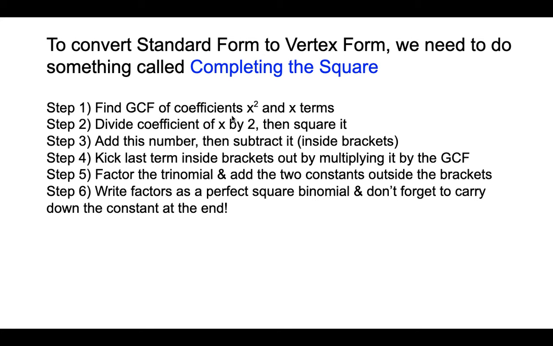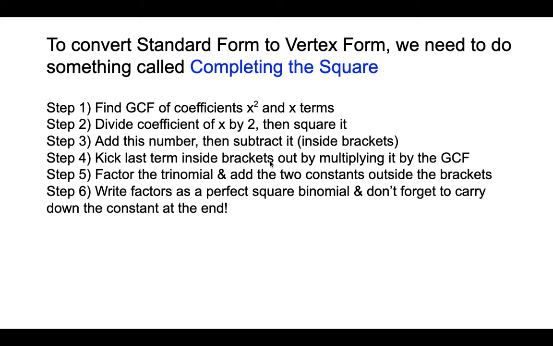Your first step is you're going to find the greatest common factor of the coefficients only of the first two terms, so the x squared and x term. Your second step, you're going to divide the number in front of your x term by 2 and square it. You're going to add that number and subtract it inside the brackets. Then there's going to be a last term inside the bracket.